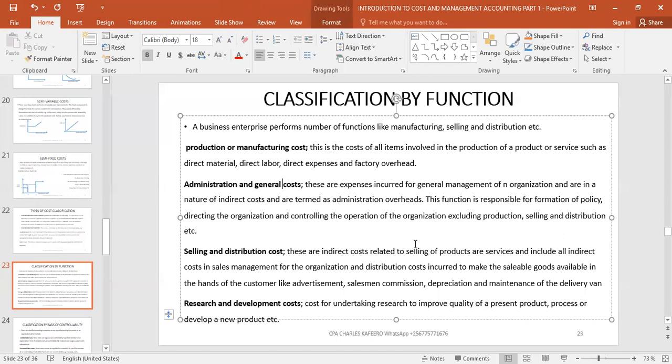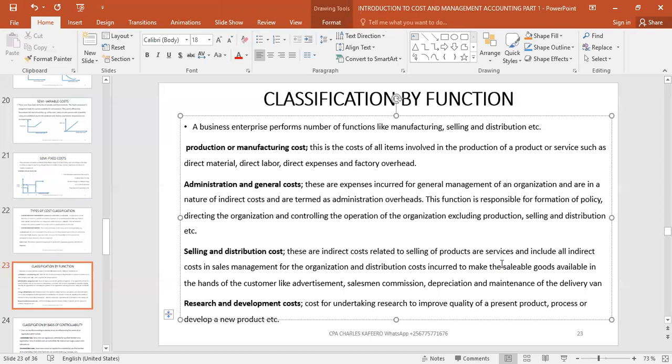These are expenses incurred for the general management of an organization, and are in the nature of indirect costs.